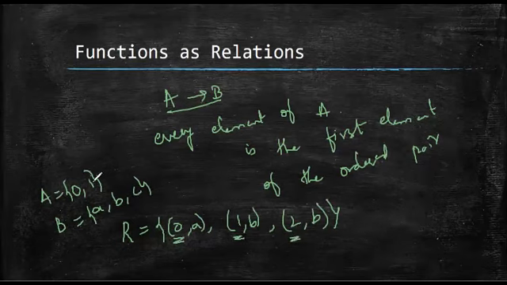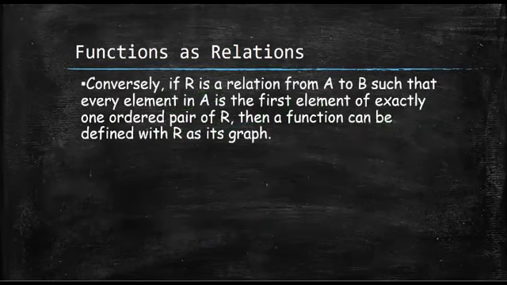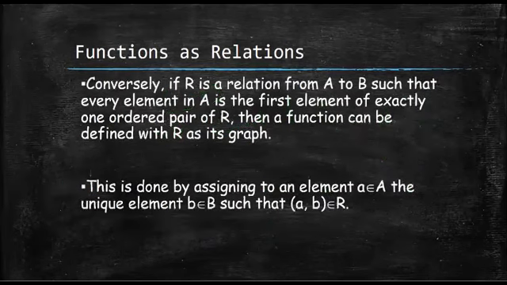So we have to consider this as one only. Every element of A is the first element of the ordered pair, and this can also be represented by using a graph.